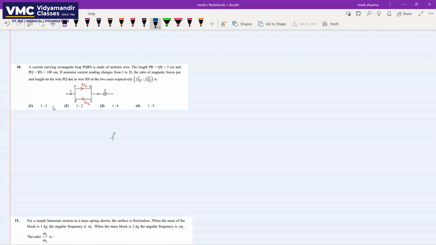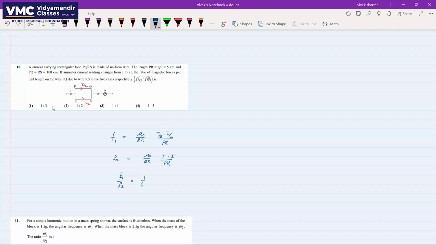करंट कैरिंग वायर्स के बीच में जो फोर्स पर यूनिट लेंथ था F that is equal to mu naught upon 2 pi I1 I2, because दोनों वायर्स सेम करंट कैरी कर रही है, तो फर्स्टली तो इट विल बिकम I by 2, डिवाइडेड बाय इनके बीच का सेपरेशन PR. आपको ऐसे 5 सेंटीमीटर दिया हुआ है, PR ही रख देता हूँ, सेपरेशन के बीच का हो गया PR. दिस इज इनिशियल कंडीशन में फोर्स F1. अगर करंट को हम 2I कर देंगे तो PQ और RS में करंट अब I हो जाएगा तो न्यू फोर्स F2 it will become mu naught upon 2 pi, only change will be in current I into I divided by distance that is PR. और हमसे क्योंकि रेशियो पूछ रहा है F1 upon F2, it will become 1 upon 4.